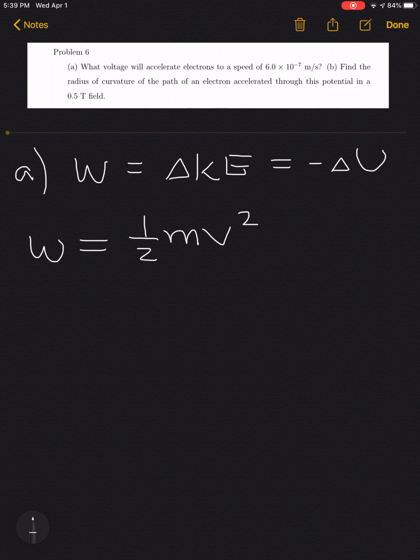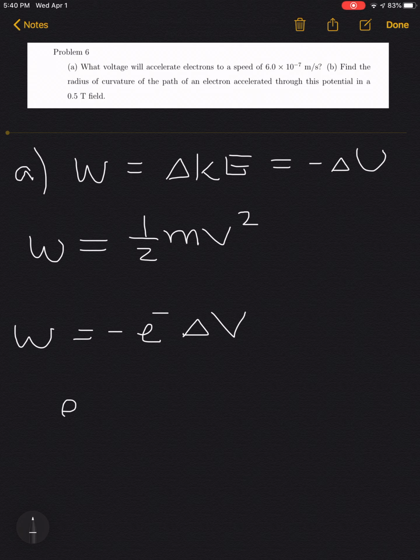That's the change in kinetic energy, because the initial kinetic energy is 0. The other way to compute this is through the change in potential energy: the work is negative the change in the potential energy, which is minus the charge of the particle, the electron, times the potential difference.